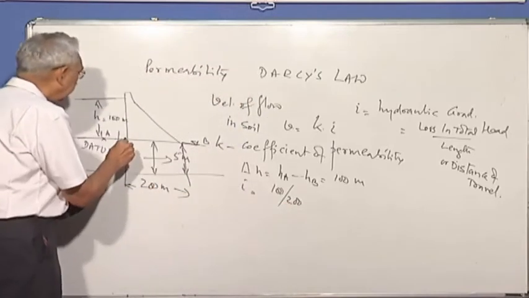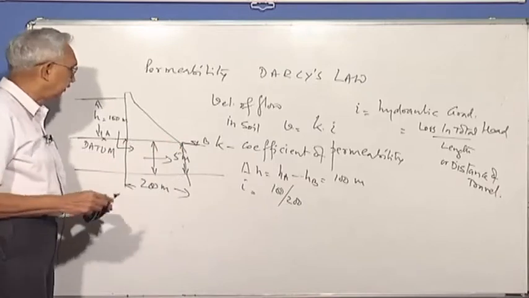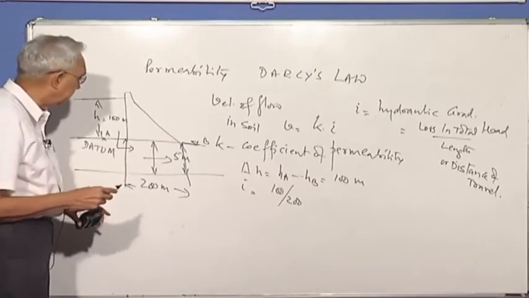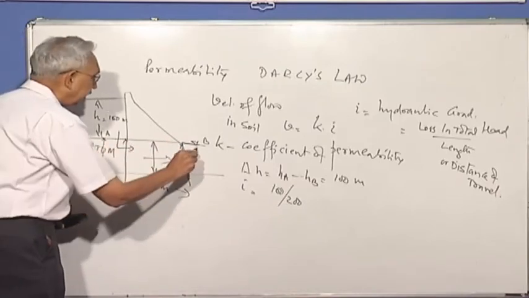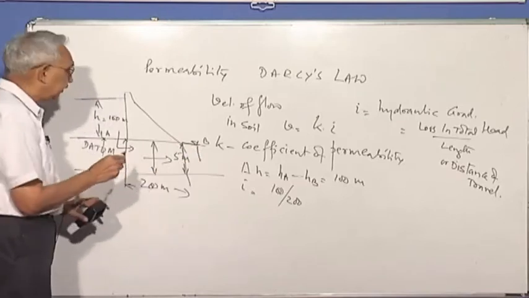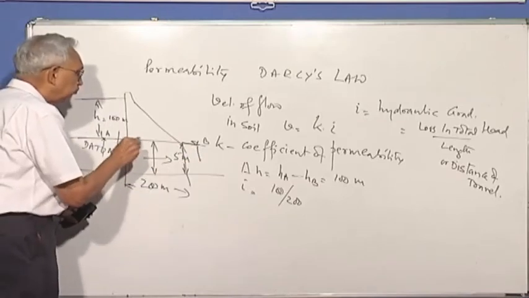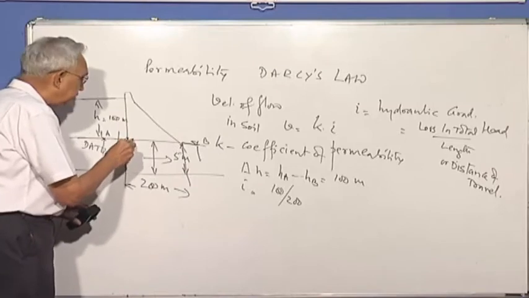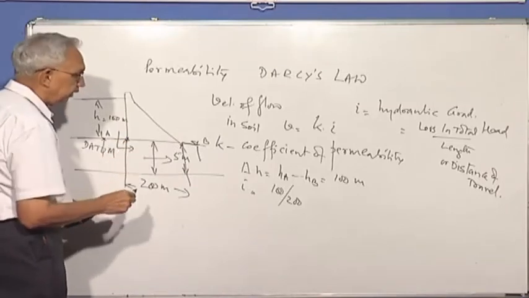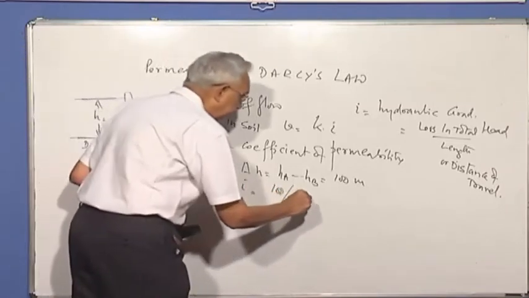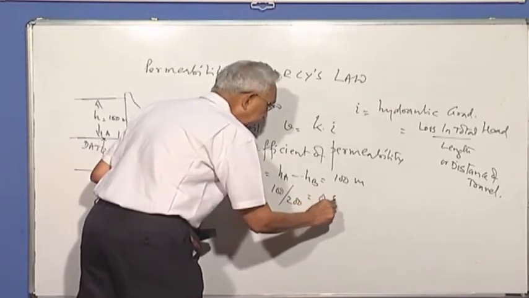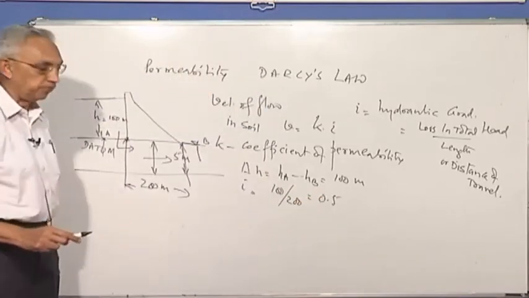I am looking at, say for example, the closest or any 2 points. Let's say I am looking at from here to here, but the shortest distance is from the toe of the dam to the heel, which is what we call as 200 meters, and I'm going to calculate based on that. So I'll get the gradient is equal to 0.5.